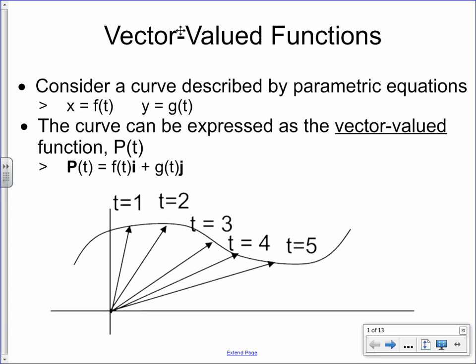Instead of having two different equations for our parametric equations, we have one function defined with vectors that's basically doing the same thing as a set of parametric equations would be doing. Does that make sense?